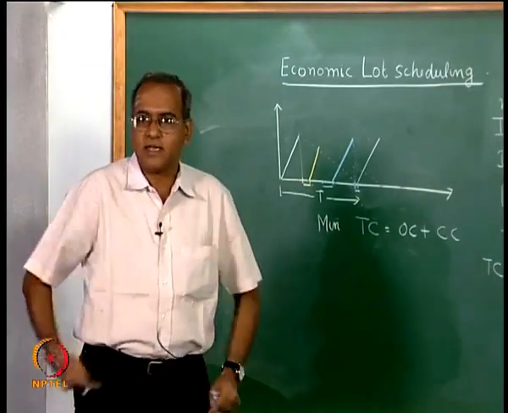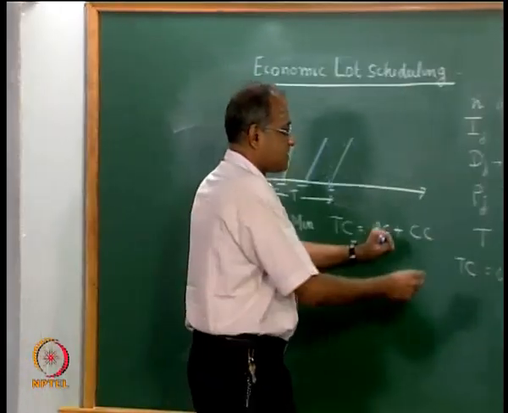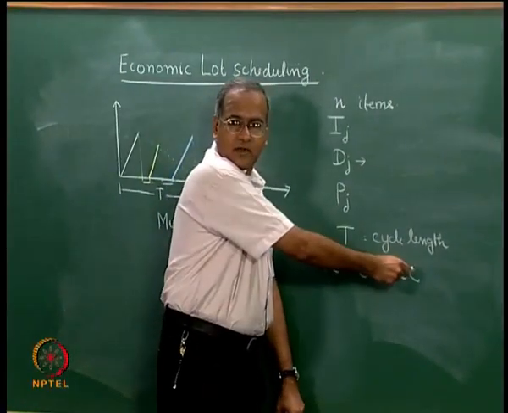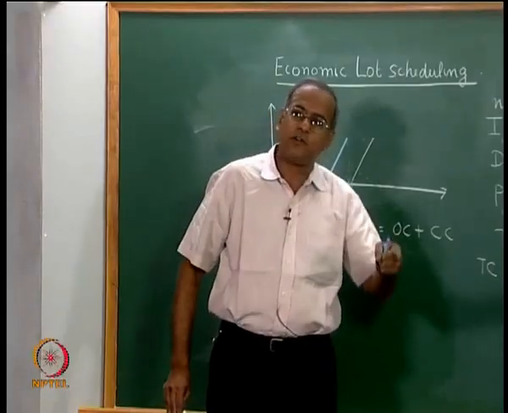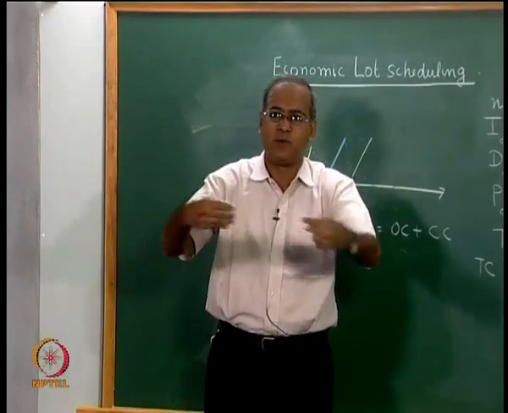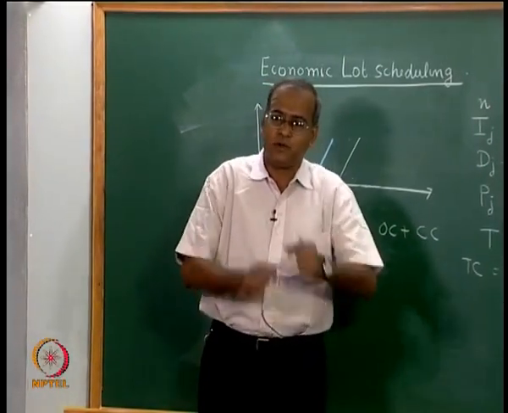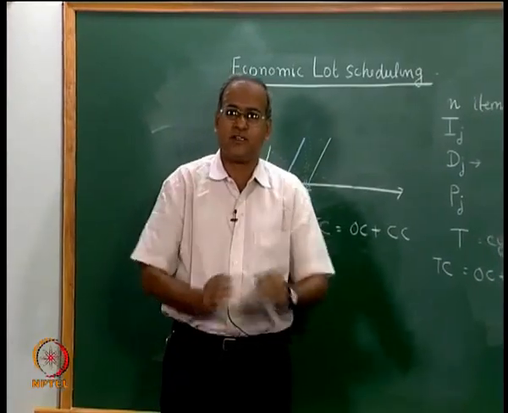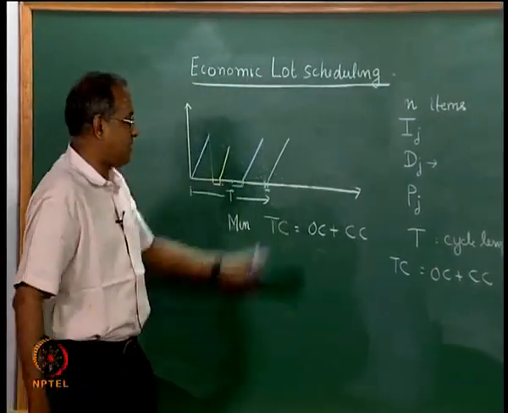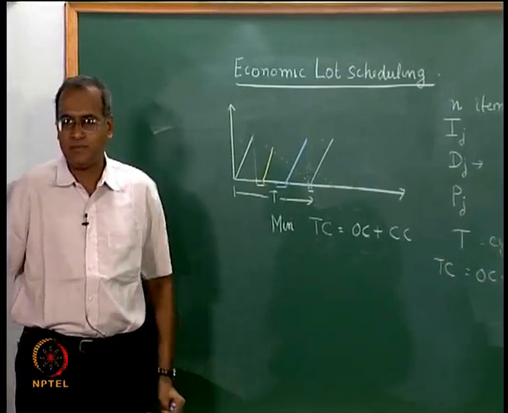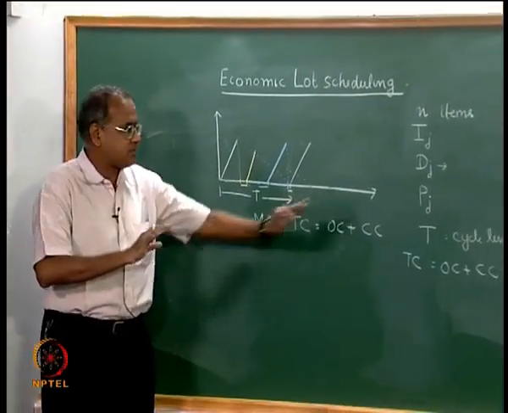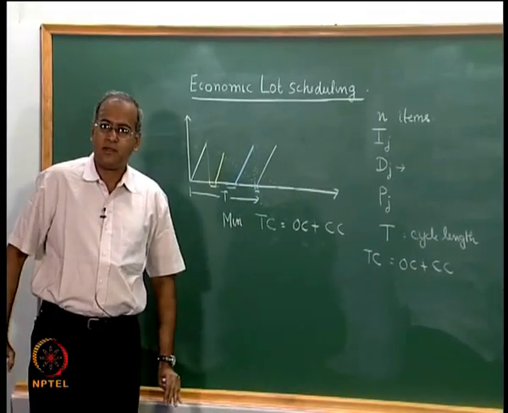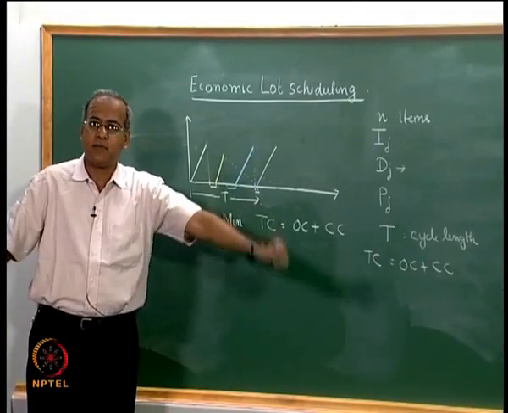When we have longer cycles, obviously the order cost is going to come down and the carrying cost is going to go up. So, from a purely inventory point of view or just in time manufacturing point of view, we would like to have small lot production, which simply means that we do not want longer T. But then let us try and look at this problem at least to begin with, that how long can we make our cycle.